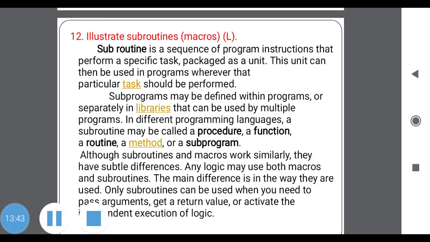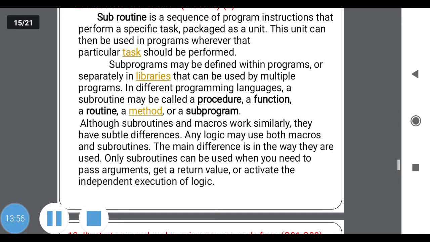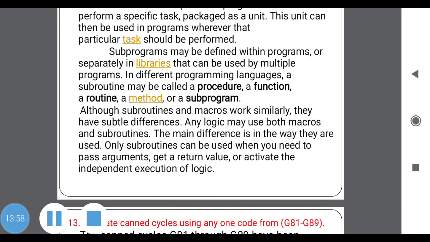It consists of libraries that can be used by multiple programs. In different programming languages, a subroutine may be called a procedure, function, routine, method or subprogram. Although subroutines and macros work similarly, they have subtle differences. Any logic may be used in both macros and subroutines. The main difference is in the way they are used, in which situation or with which parameter we are using the subroutines and macros.